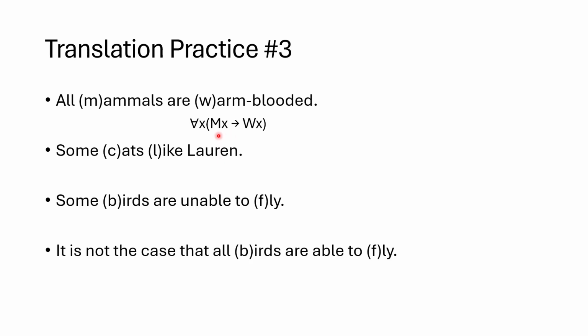And so if they are mammals, what's the relationship? Maybe relationship is the incorrect word because we don't have a two-place predicate. But what can we also say about that individual? Well, it's also going to be warm-blooded. So this mammal predicate here is pretty much trying to restrict what the all is being applied to. So with that, try these other three on your own and then resume the video.